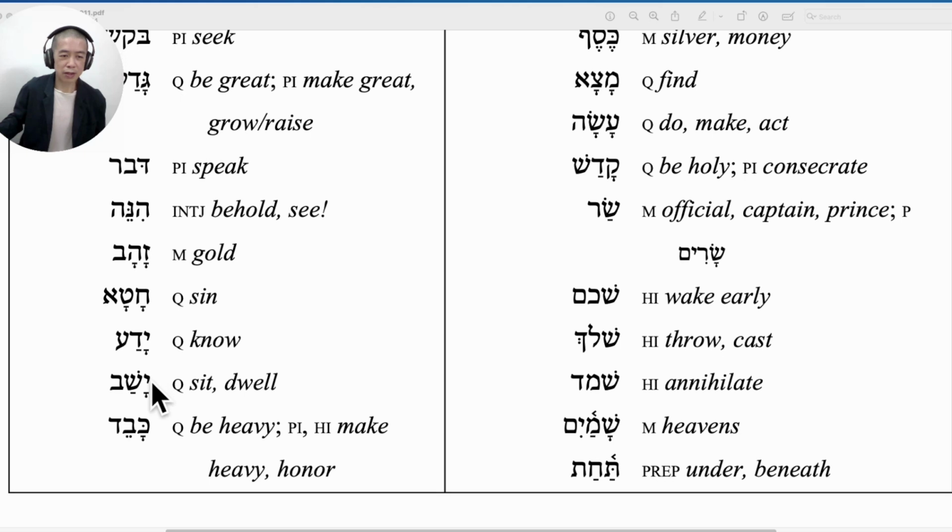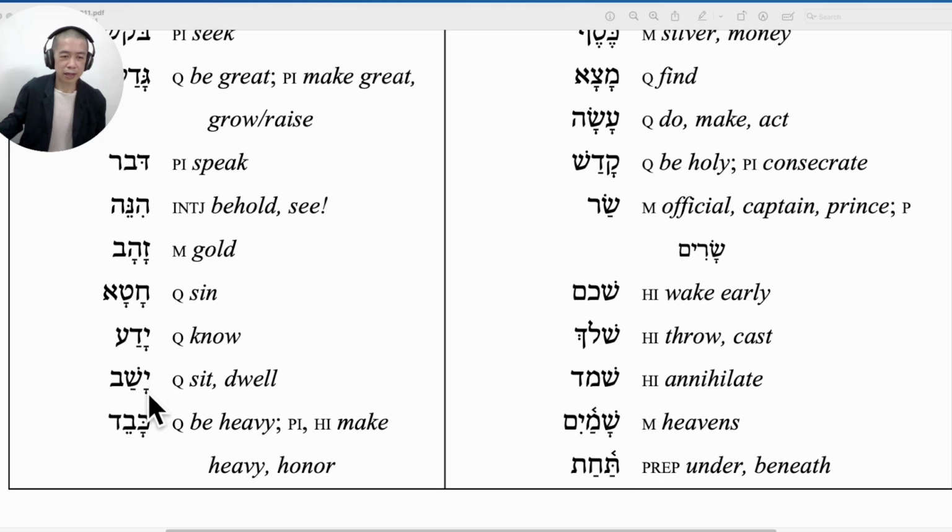In Hebrew, it's pronounced as yashav. The next word means be heavy or make heavy, to honor. In Hebrew, it is pronounced as kaved.